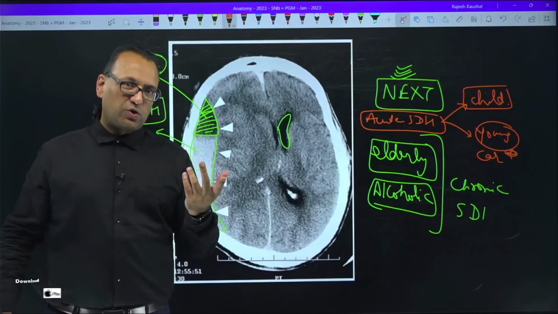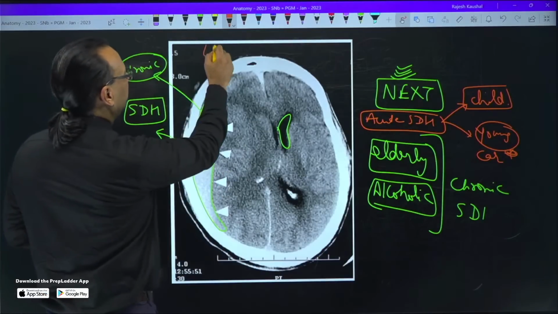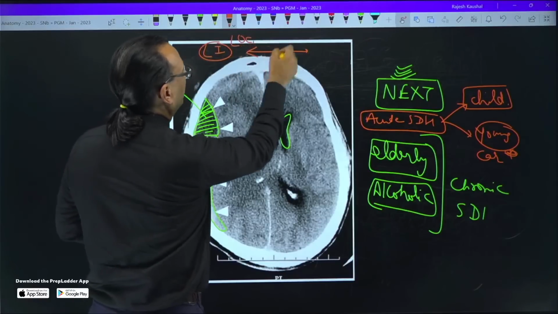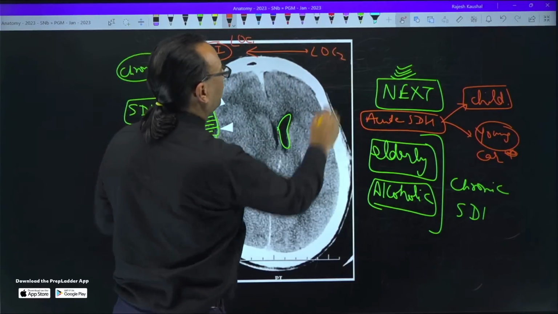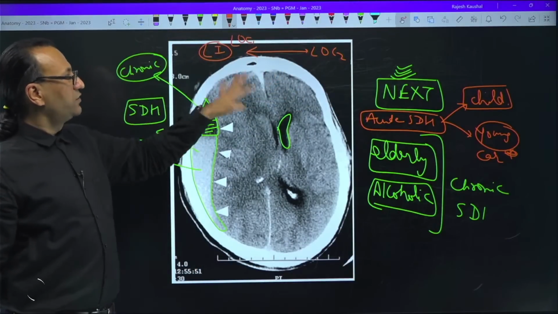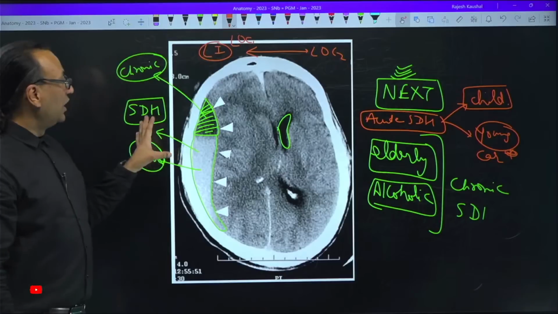So lucid interval is basically the duration between LOC1, loss of consciousness 1, and LOC2, loss of consciousness 2. Between the two, there is a period of consciousness, that is lucid interval, and it can be seen even in subdural hematoma.